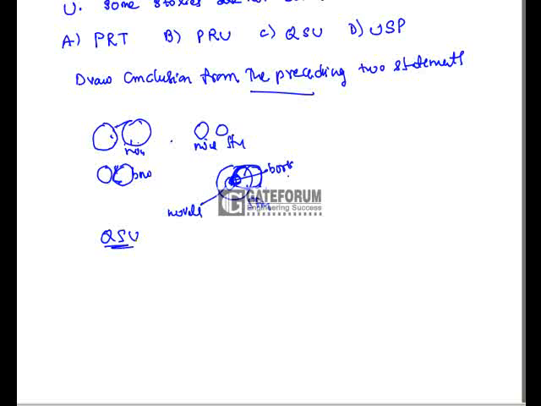Some stories are not books. All novels are stories. And P. Some books are not novels. We cannot arrive at this kind of conclusion from the previous statements. We are asked to locate the logical conclusion from the preceding two statements. So this combination is found in C. Therefore, C is the best option.